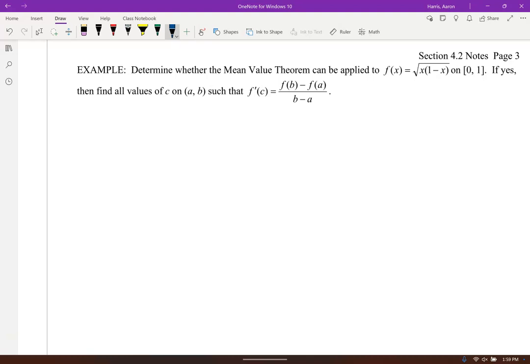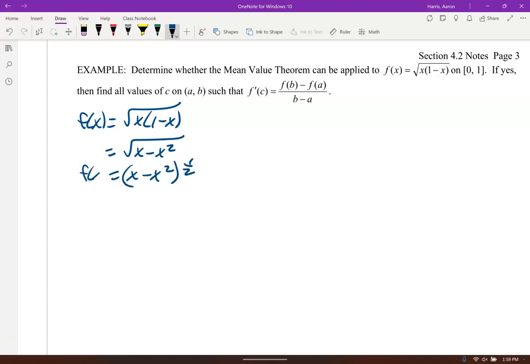Is the derivative okay? Well, here's the original. Let me actually distribute the x. So I have x minus x squared, to the 1/2. Now let me go ahead and take that derivative. So I got 1/2 times x minus x squared to the negative half, half minus 1.